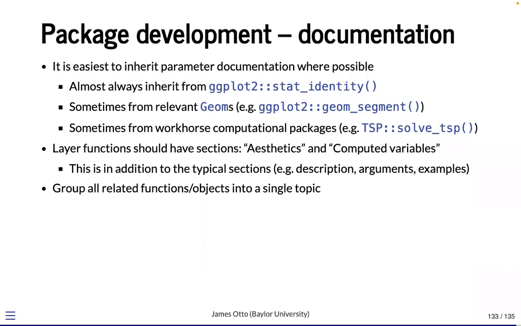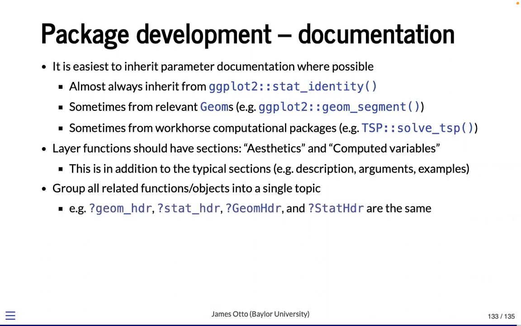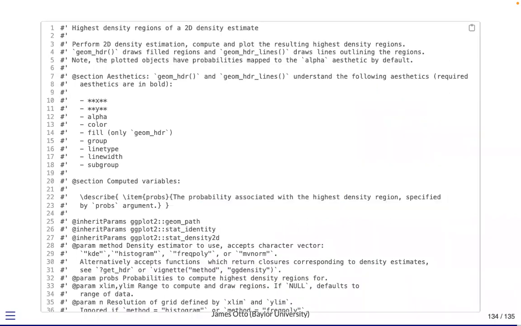And actually, those objects share a documentation page. So if you do ?stat_hdr, you get the same thing as ?geom_hdr. These all lead to the same spot, and I only wrote it once. That's definitely what you want, for several reasons. A, because it's easier for you. B, a user, if they do ?stat_hdr, they need the accompanying documentation. You don't want to separate it if at all possible.